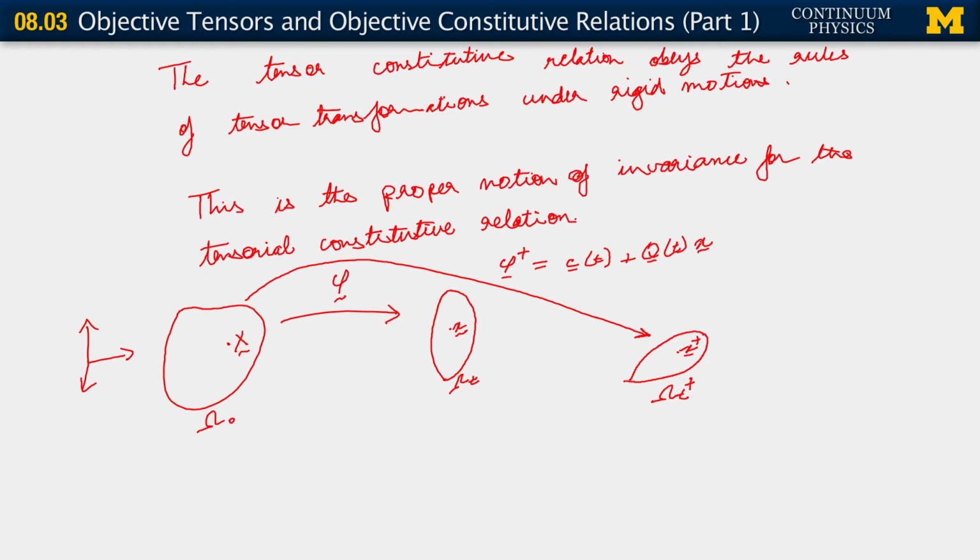So this is the situation that we have, and what we're going to do is look at the deformation gradient. We know that F equals the partial of phi with respect to X. But that gives us the tangent map for that part of the motion.